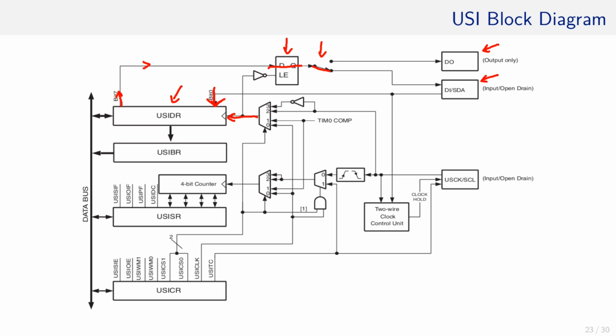I mentioned clock signal, so let's see what clock signals I have here. This multiplexer allows me to choose the source of that clock signal. As we see here, either I have the clock coming from the USCK pin, like in this way, or its complement through this inverter.